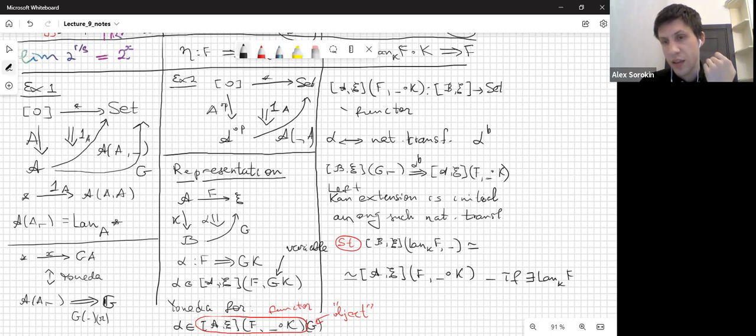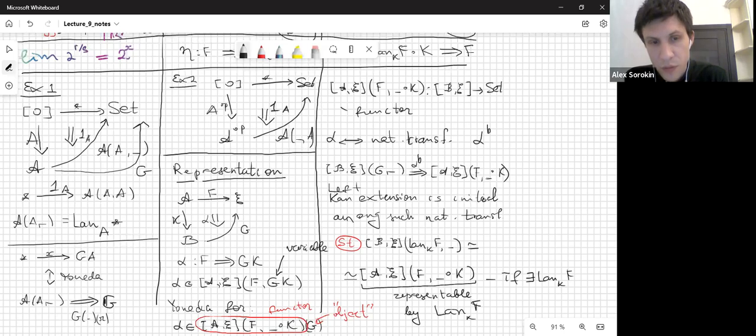So if the left Kan extension exists, then this functor, which I am underlining right now, is representable, representable by the left Kan extension.